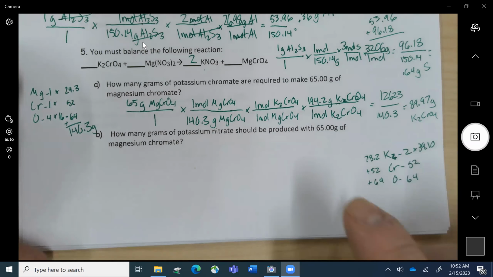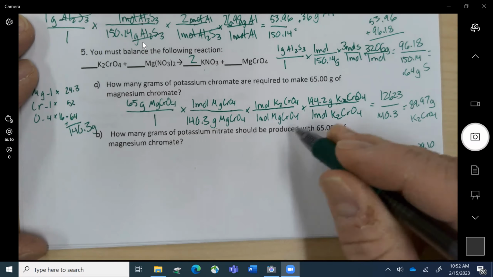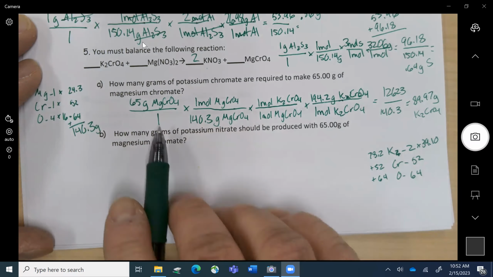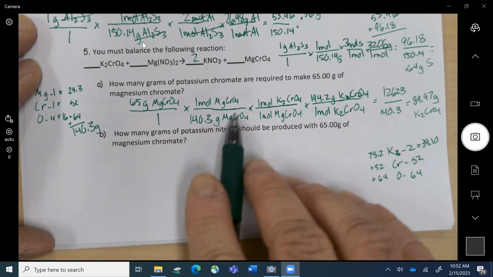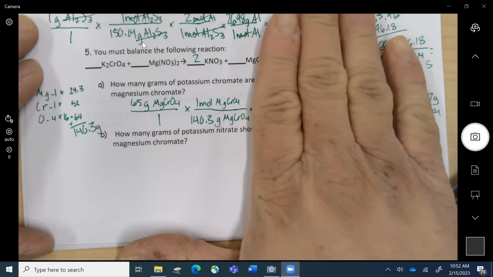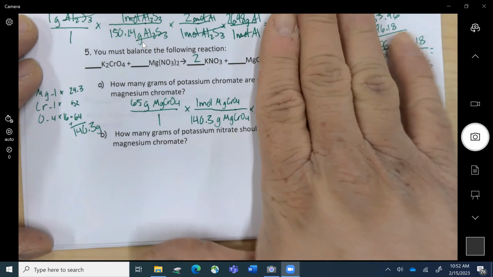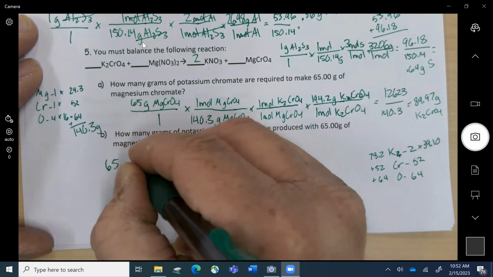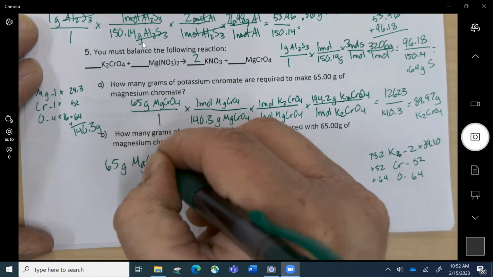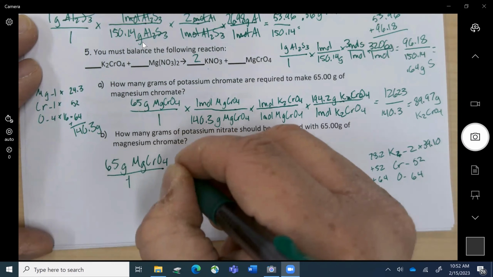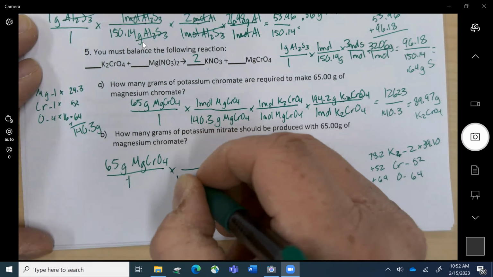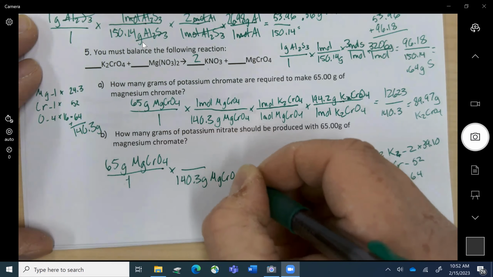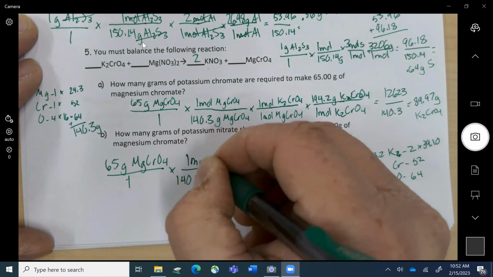Now the second one: how many grams of potassium nitrate should be produced with 65 grams of magnesium chromate? We're starting with the same exact stuff. So this whole half is the same, because I'm starting with magnesium chromate again, 65 grams of MgCrO4 over 1. This time I already know what this is because I already did it: 1 mole of it.